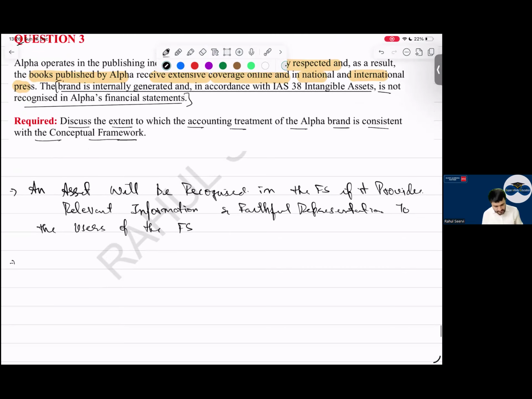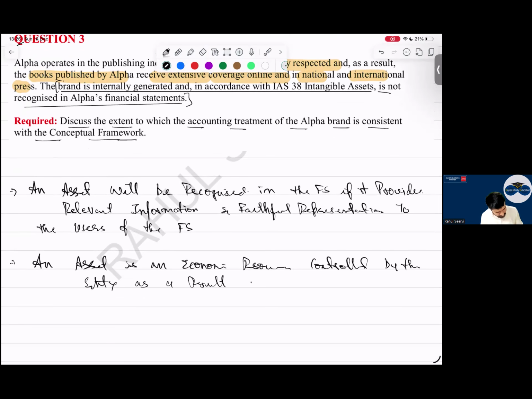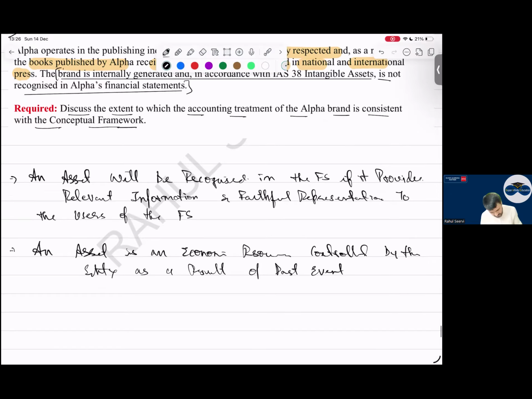Then the next question. Can I say an asset is an economic resource controlled by the entity as a result of past event. अभी थोड़ा मेरा हैंड राइटिंग पर मत जाना, but understand this one.